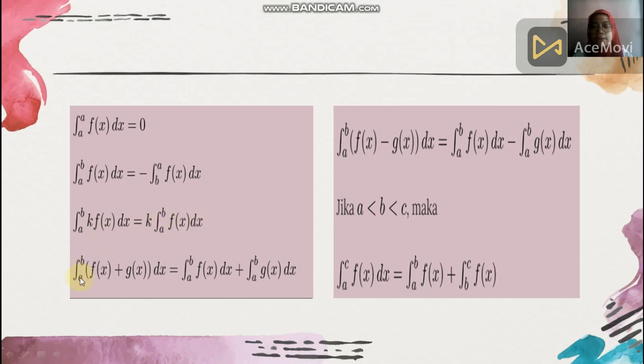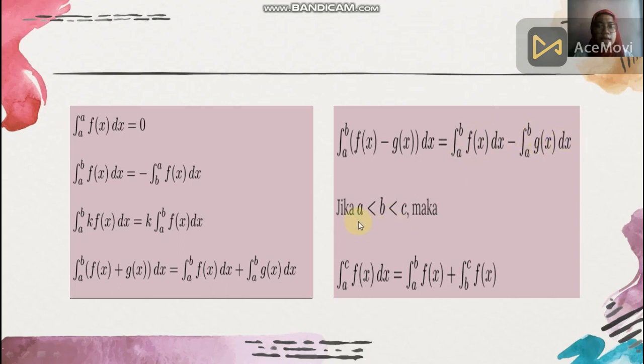The integral from a to b of (f(x) plus g(x)) is equal to the integral from a to b of f(x) plus the integral from a to b of g(x). The integral from a to b of (f(x) minus g(x)) is equal to the integral from a to b of f(x) minus the integral from a to b of g(x).